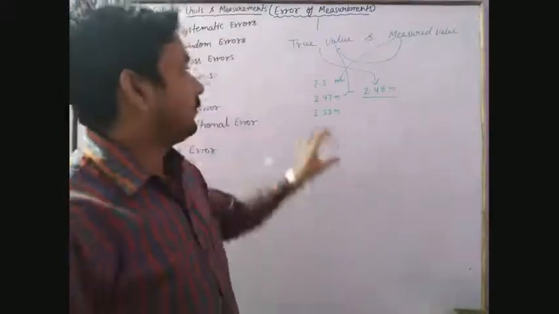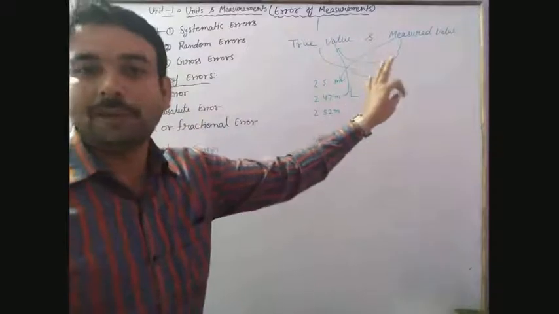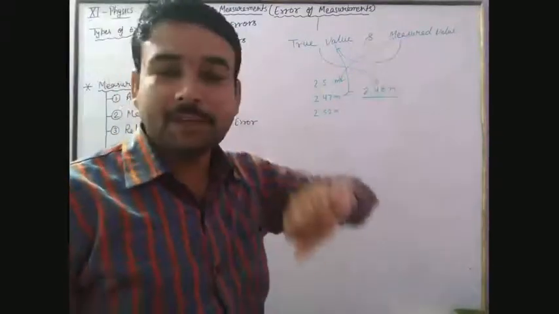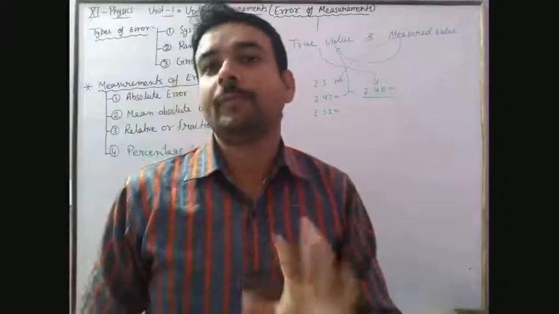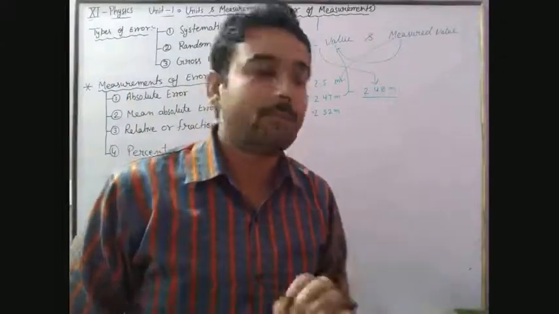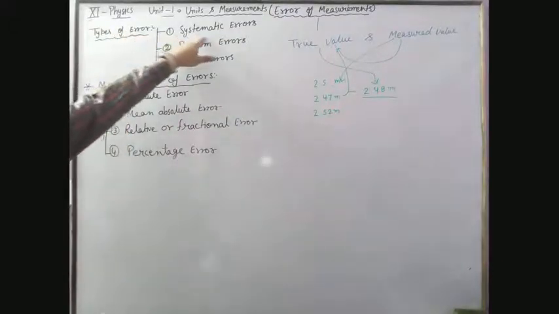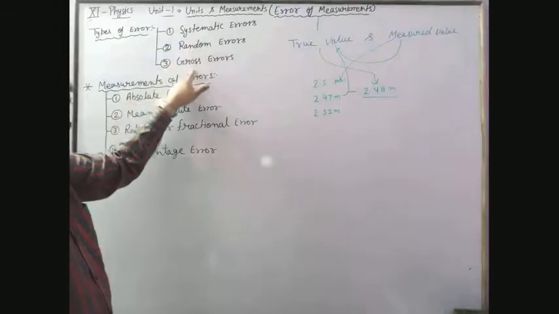Now the difference between the true value and the measured value is termed as error in measurement or error of measurement. Basically, errors are of three types: systematic error, random error and gross error.